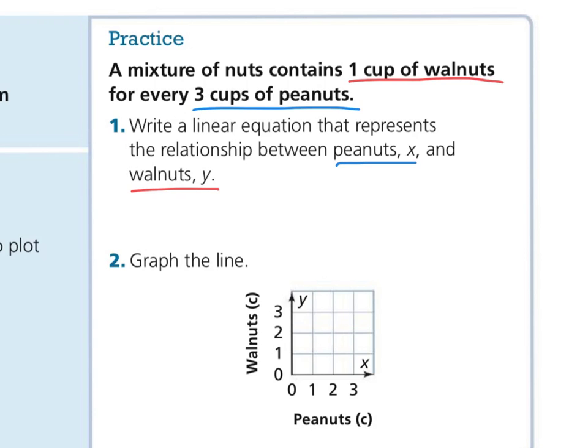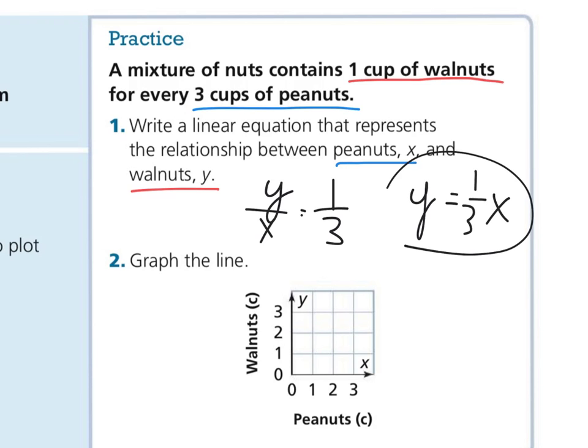We're going to assume this is proportional. If it's proportional, we could just put y over x. Y is the walnuts, we have 1 cup of walnuts. X is the peanuts, we have 3 cups of peanuts. So we're going up 1 and over 3, so our slope is 1/3. Our equation would be y equals 1/3 x.